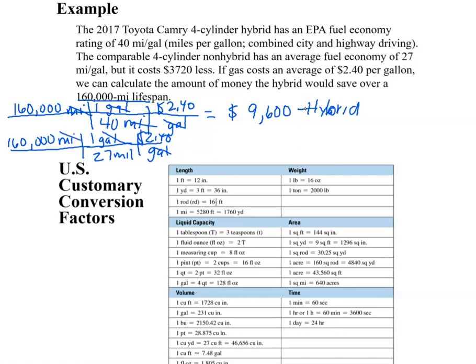So our gallons cancel out, miles cancel out. So we're going to do 160,000 times 2.40, but this time we're dividing by 27. Okay, and that's getting me approximately $14,222 for the non-hybrid.